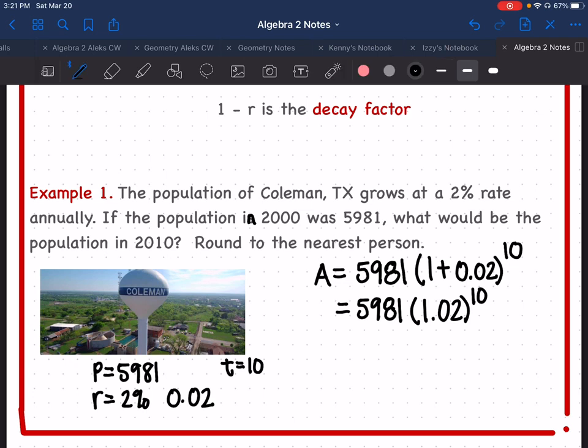Okay, I'm going to just pop this into my calculator, and my calculator is going to give me my answer of 7,291 people. Remember, people, we have to round it up every time. So whatever kind of decimal we get, we have to go ahead and round up.